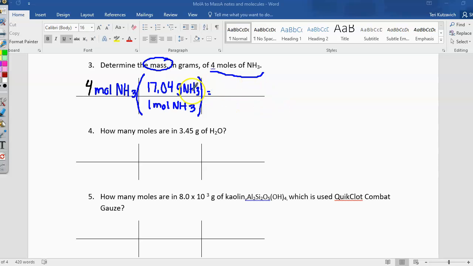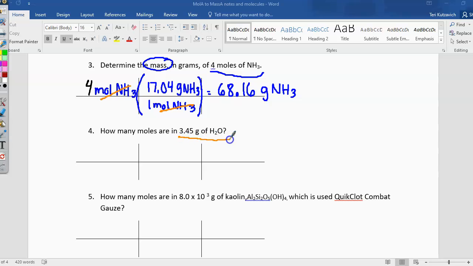When you're solving this, take the number out front, multiply by what's on top, and divide by what's on bottom. And you get 68.16, and make sure you label it. It's grams of NH3. If you want to go back and make sure you did it right, you can always double check your units. So your moles of NH3 cancel, and you're left with grams of NH3.